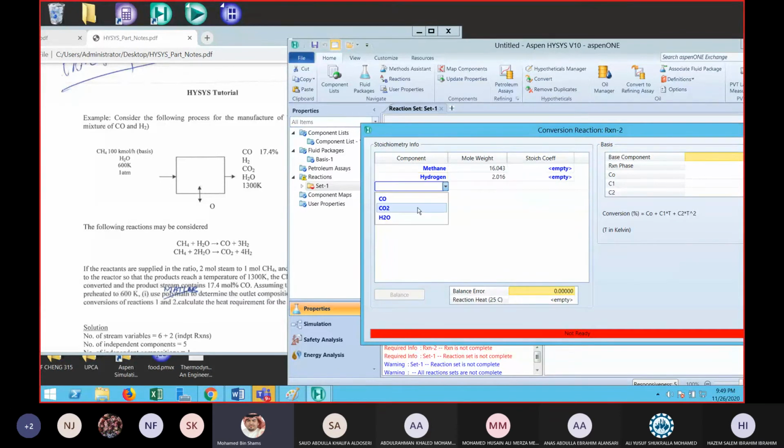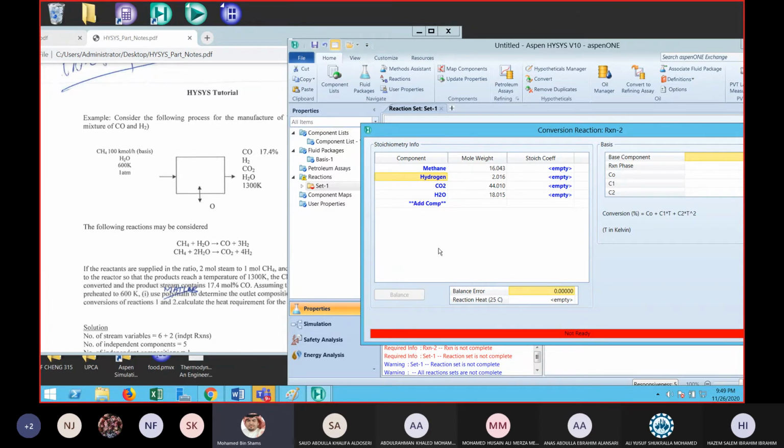So I have 2 hydrogen, right? Plus carbon dioxide and, sorry, methane, and water. Yeah, water.